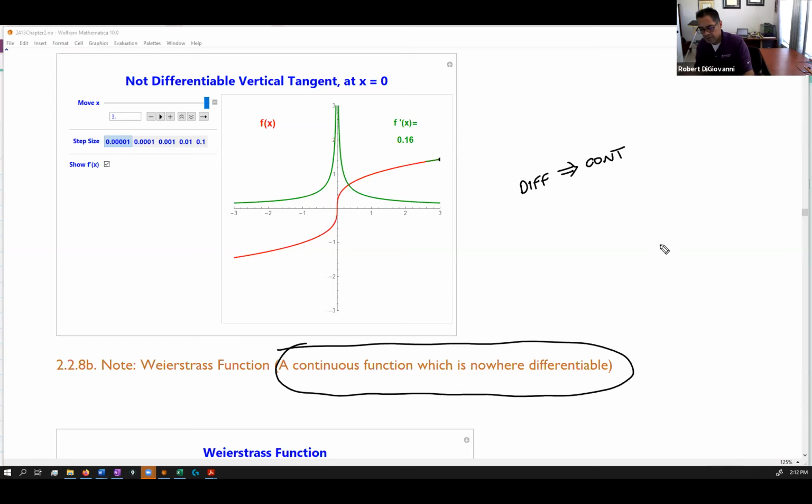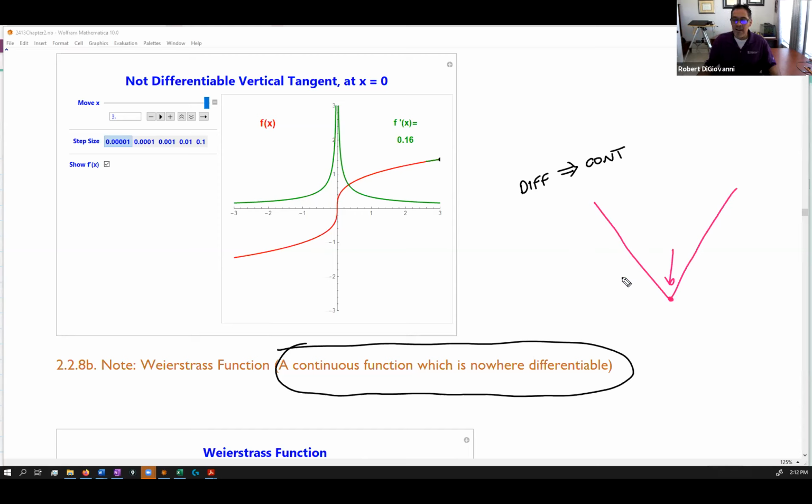So before you think about this incorrectly, let's go back to the absolute value function. That is a continuous function, right? It only fails to be differentiable at one point, right? Everywhere else it's differentiable. There's one point that it's not differentiable.